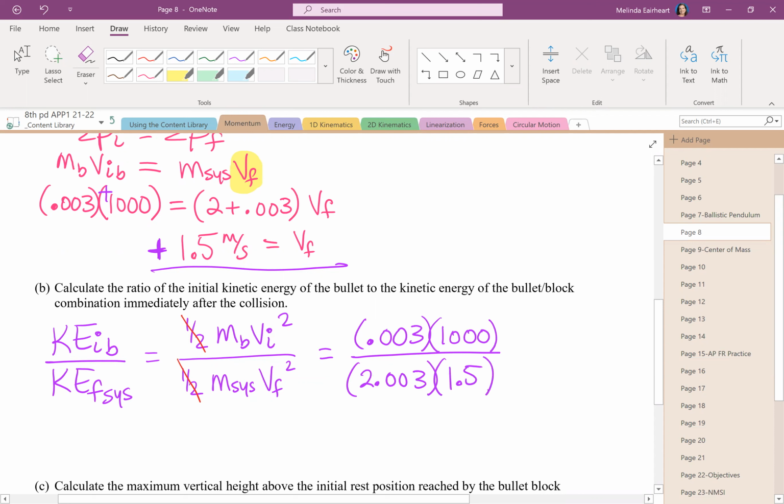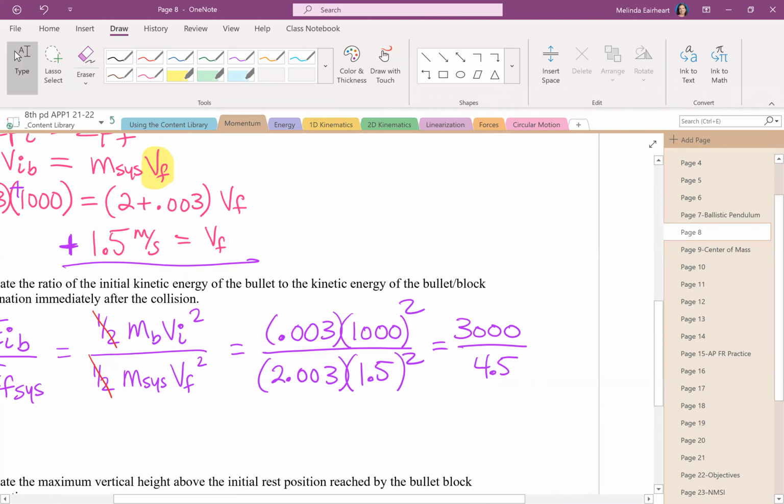Now notice Miss Earhart forgot to square. And I kind of do that on purpose right here because if a student forgets to square, these numbers give you a 1-to-1 ratio. But when you square the velocities, you get, just for time purposes, I'm going off memory, someone tell me if I'm wrong, 3,000 for the numerator, 4.5 for the denominator.